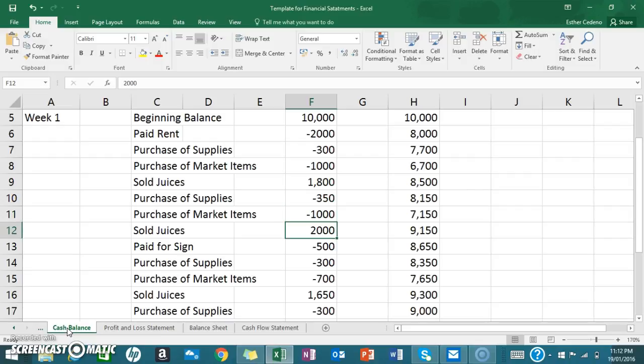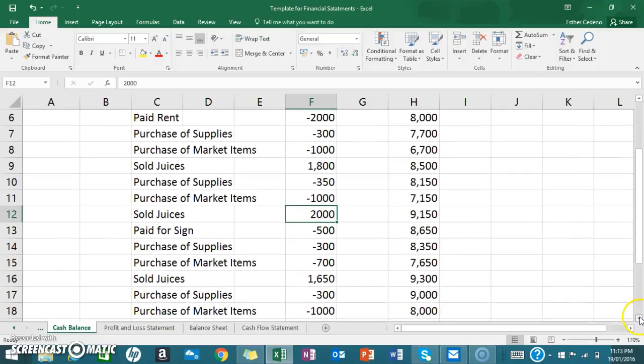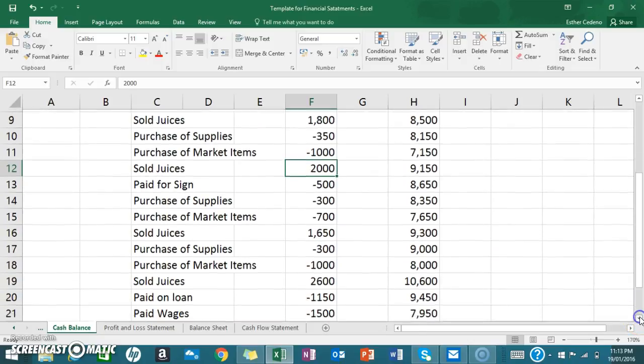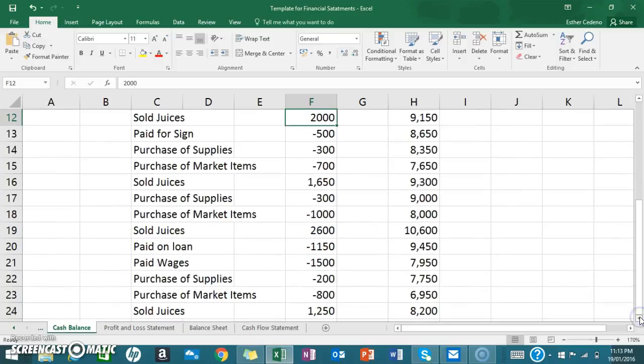So if you have a calculator, you will add up the 1800 plus the 2000 plus 1650 plus, it should be 5 amounts in this particular case because there were 5 weeks, 2600. That's this one right here.